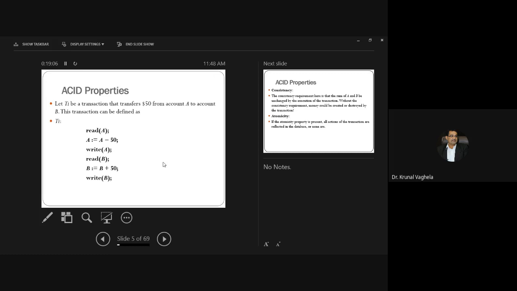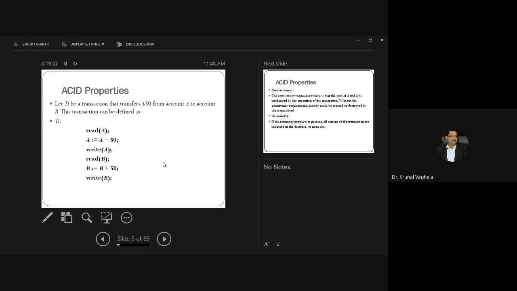Failure: database fail, hardware fail, server crash, whatever. So what happened? Money was debited, but it was not credited. Will you accept? This person will not accept. So atomicity means either the transaction should complete till this or till this, not here. Partial transaction execution is not allowed.